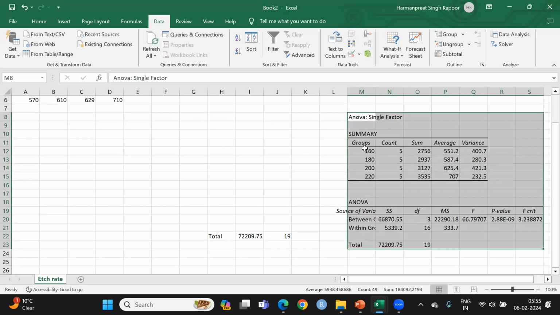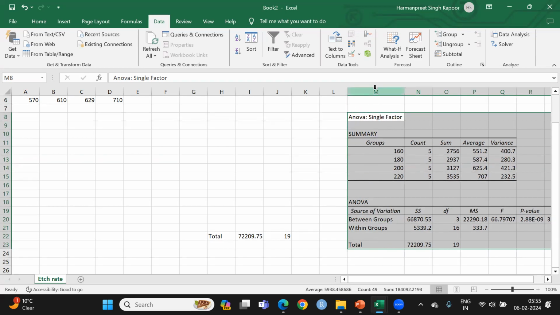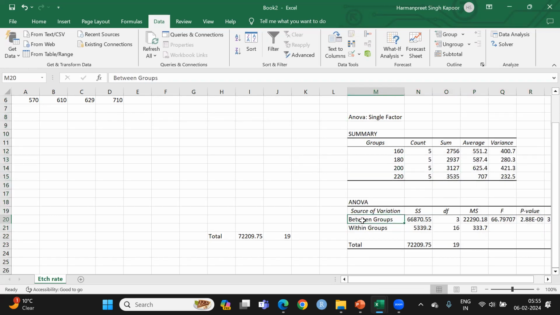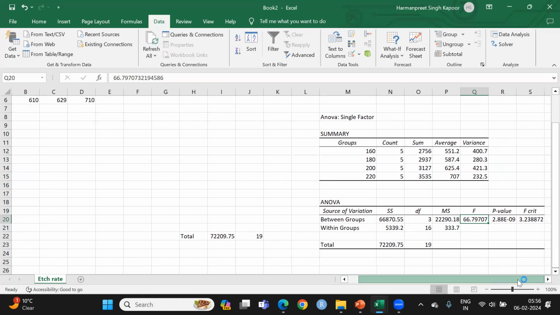Then further we have the source of variability, as I have discussed. The first row of the ANOVA table shows the variability coming from the treatment. The next shows the variability coming from the error term, and we can see that we have the same F value, right? And we conclude that we are going to reject the null hypothesis.